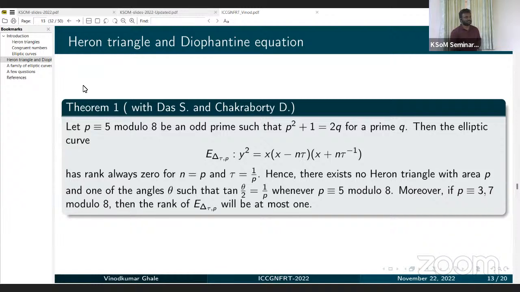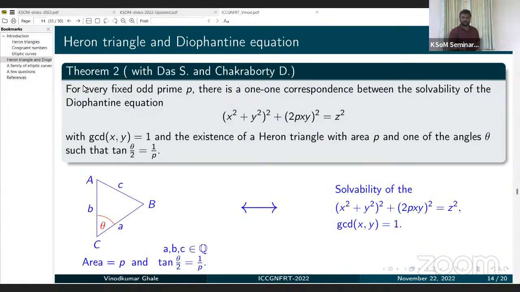Whenever the rank is 1, there will exist infinitely many triangles. Moreover, for every odd prime p, there is a one-to-one correspondence between the solubility of this Diophantine equation and the existence of a rational triangle with area p and tan theta by 2 equal to 1 by p. So this is a kind of generalization of Pythagoras' theorem for this family.